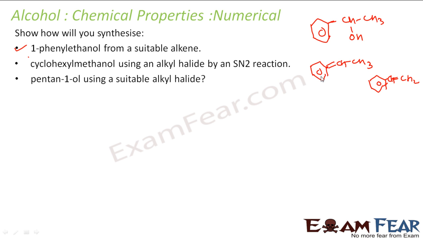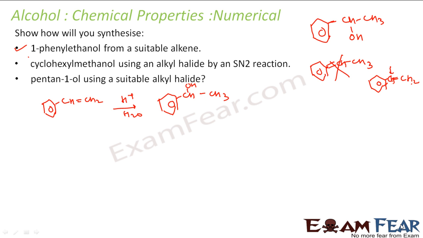So we can't use this, because OH will come here. If we use the other one, this has 1 hydrogen, this has 2 hydrogens, so OH will attach here. So obviously this is my starting material. For the first, the equation has to be this: CH double bond CH2, you add H plus and water. You get what you want. Done.